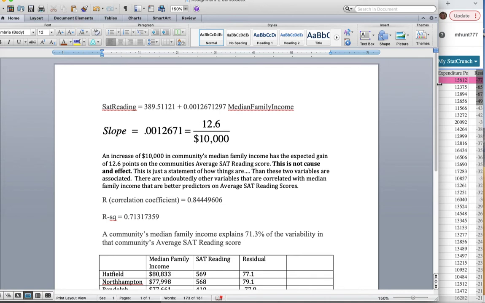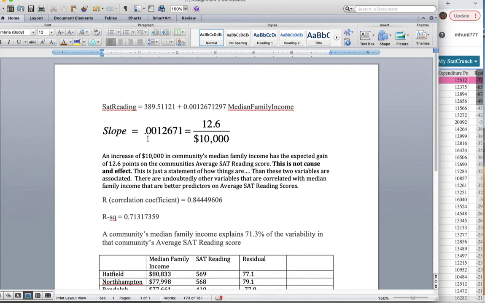You're going to be asked, what is the regression equation? And you've copied and pasted that. You're going to be asked what the slope is. That's the coefficient of x. And you're going to be asked to interpret it. Now, since median family income is our x variable and it's measured in dollars, I decided to scale that up to $10,000, which is a more reasonable increment of salary.